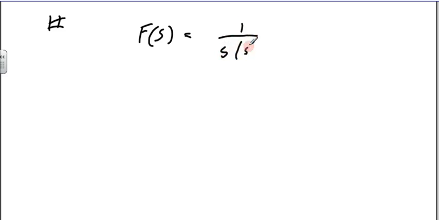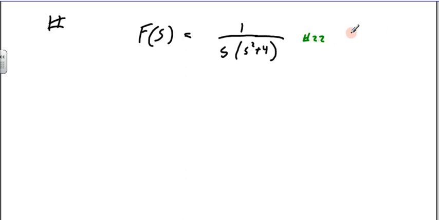Problem number 8. And we're going to do problem number 8 slightly different. Okay, we have F of s is equal to 1 over s squared plus 4. We look at that and we see that that's number 22.